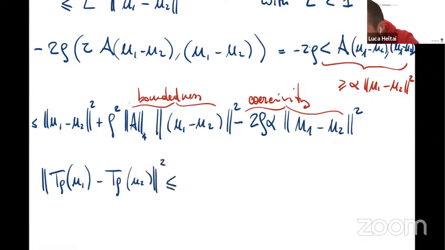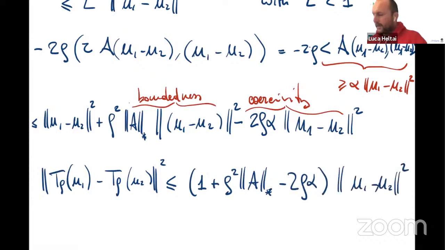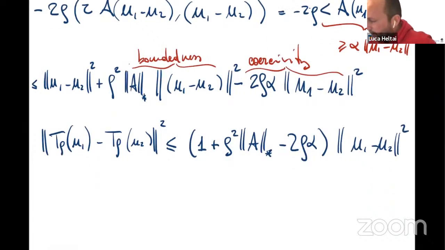Now I can collect in front of this a 1 plus rho square norm of A star minus 2 rho alpha, and then norm of U1 minus U2 squared. Okay, now we go to the right point.